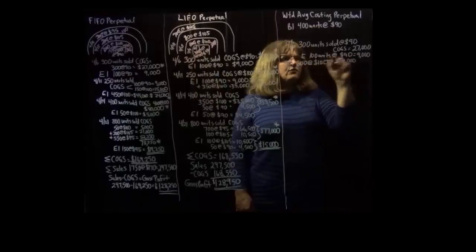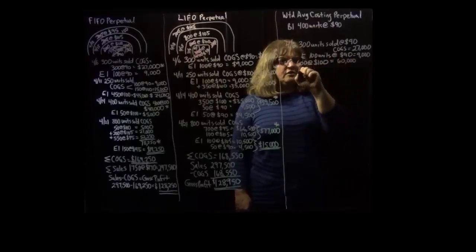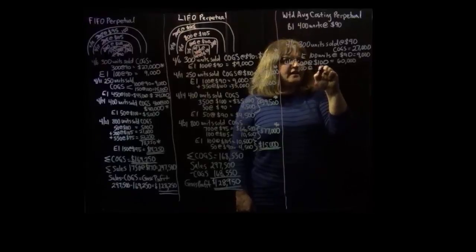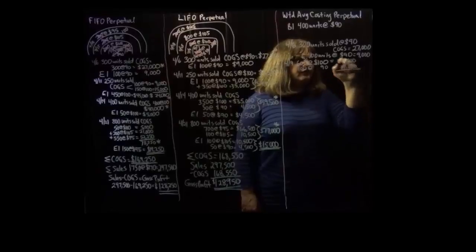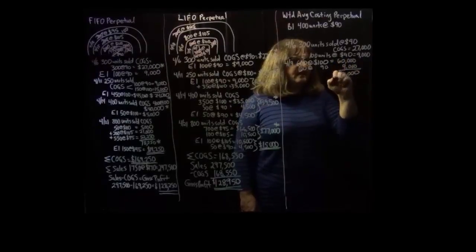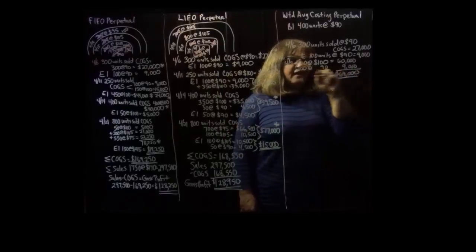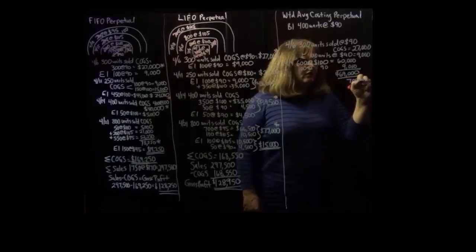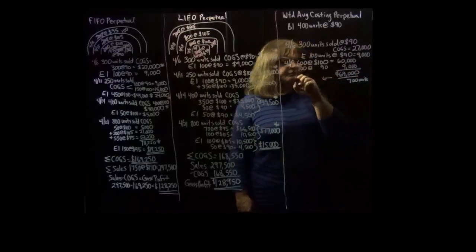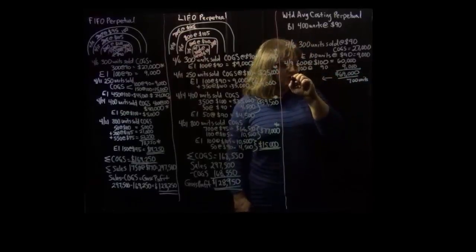We're going to add to that what we had left in our inventory before, which was the 100 units at $90 for a total of 9,000. That gives us a total cost of goods available for sale at that point of $69,000. And we're going to divide that by the total of 700 units. And that's going to give us a weighted average unit cost of $98.57.